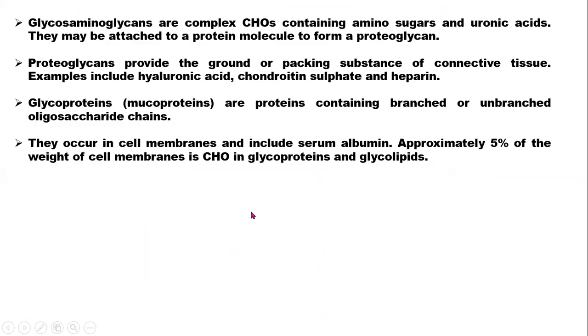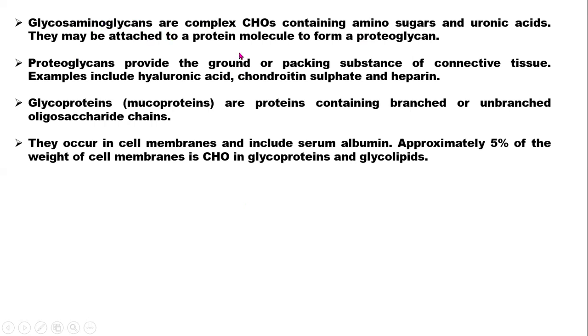There are also what we call glycosaminoglycans, which are complex carbohydrates containing amino sugars and uronic acid. They may be attached to a protein molecule to form what we call proteoglycans. So proteoglycan is a form of what?